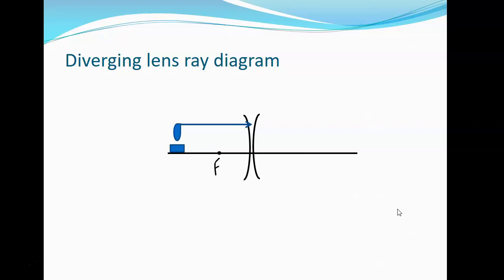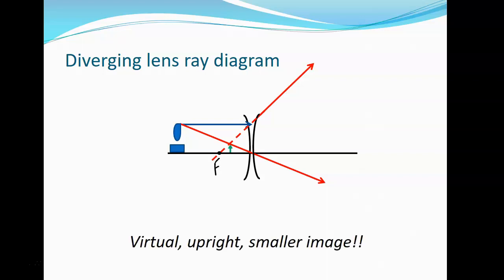Light ray coming through parallel to the principal axis gets refracted as if through the focal point. Second ray is the easy one, light ray going through the center of the lens. Look at what gets into your eye. Imagine where the image is going to be formed. Boom, there it is, a virtual, upright, smaller image, just like we had with the convex mirror.